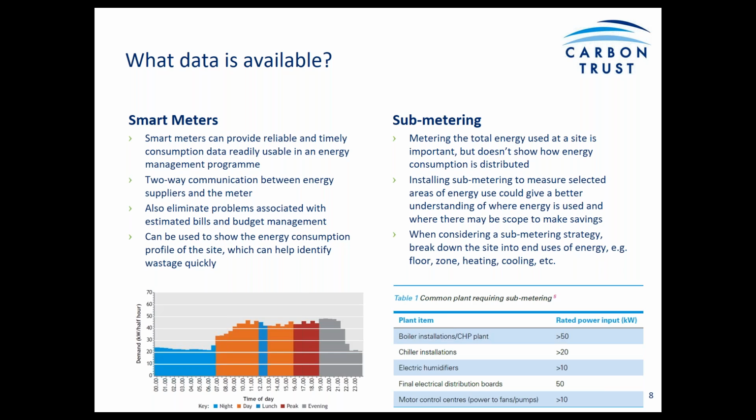If you are considering a sub-metering strategy, then normally we would suggest breaking down the site into end uses of energy. So this might be by area, for example, by floor, zone, or even buildings or tenancies, or by system. So you might want to look at sub-metering heating and cooling systems, lighting, or even industrial processes.